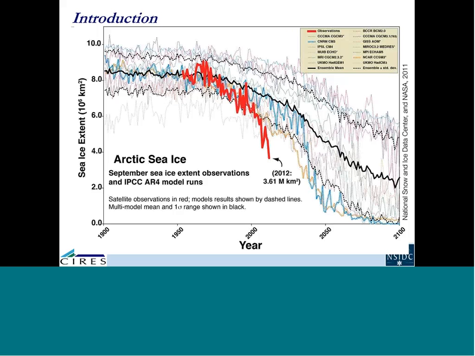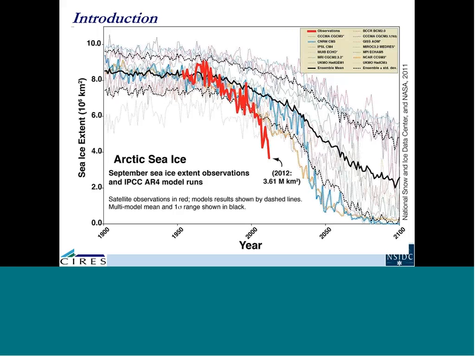This figure is showing the model ensemble from CMIP3 used in the IPCC AR4. The thick black line is the multi-model ensemble mean, and the dashed lines are plus and minus 1 sigma standard deviation.